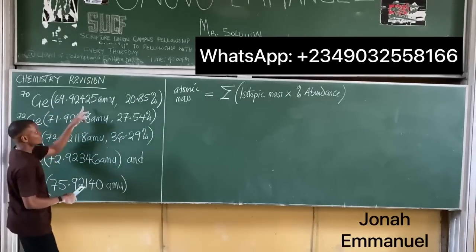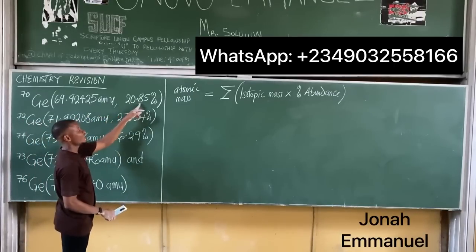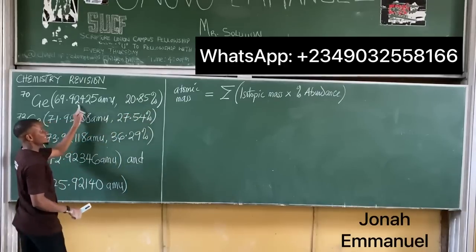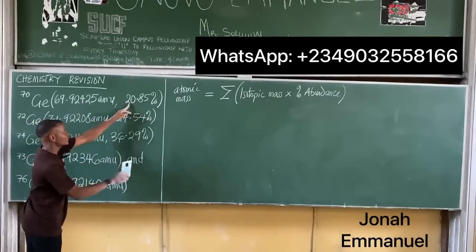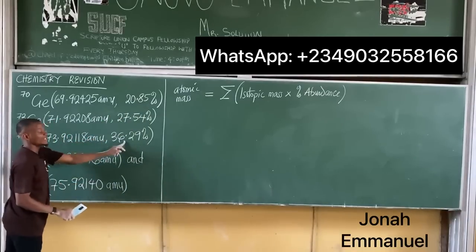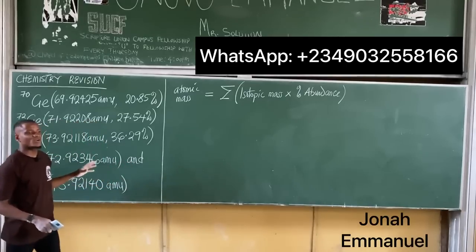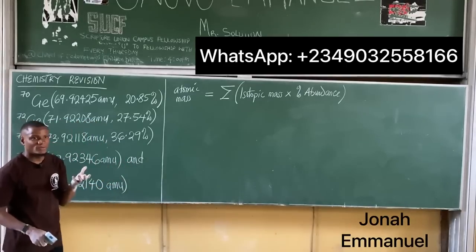It simply becomes this one times this percentage. So I'll divide by 100, and it becomes 0.2 whatever. So it becomes this times this plus this times this in decimal plus this times this, and then sum them. That's how it's done. But in this case, it is a bit technical.